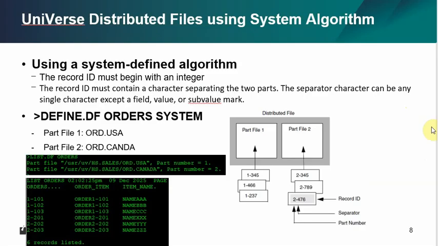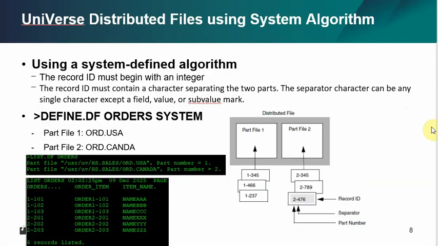The structure is something like this. If you're using the system-defined algorithm, the IDs are very specific and must follow a rule. The first part must be an integer, and the ID must contain one character to separate the two parts.